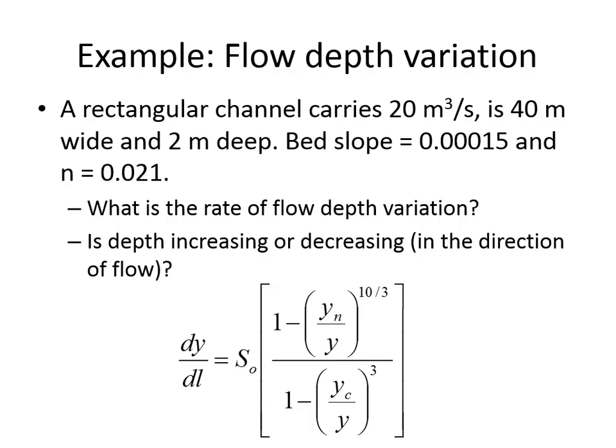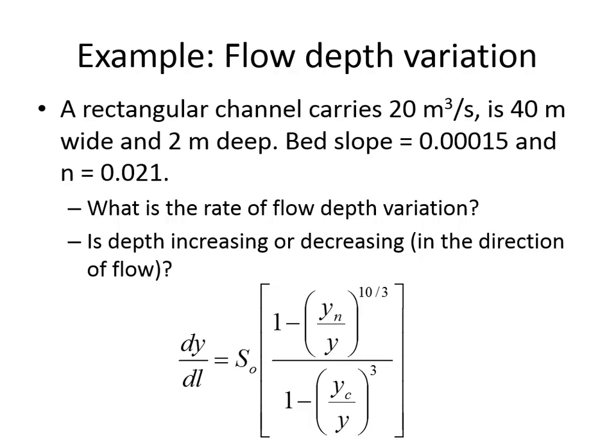The slope of the bed: you definitely need to memorize the three different slopes, S sub W, S sub F, S naught, and what those three correspond to. This is the bed slope, the channel itself. The roughness of the material, 0.021, is the n value, and then the depth is 2 meters at some certain location that we're interested in.